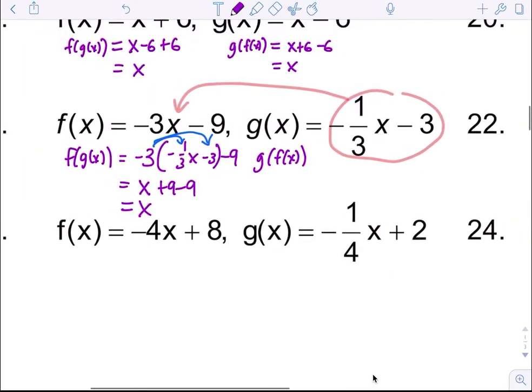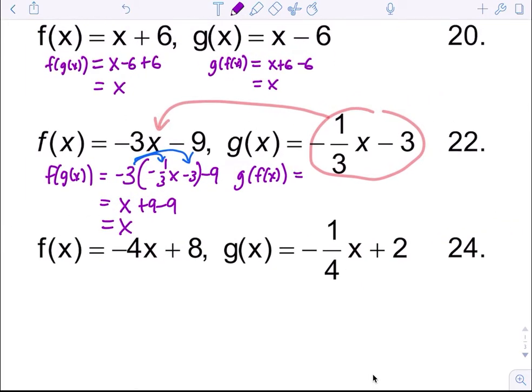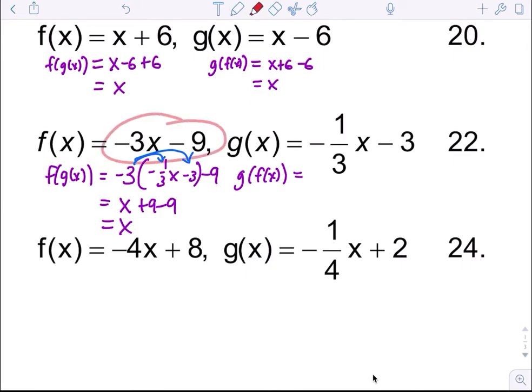So that's good. Now we're going to do g of f of x. So for g of f of x, you guys, this is where you substitute f of x into your g. So we're going to substitute it into our x. So we're going to get negative 1/3, negative 3x minus 9, minus 3. So we have to distribute.